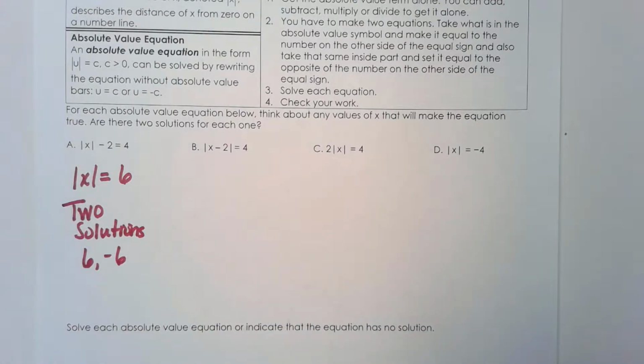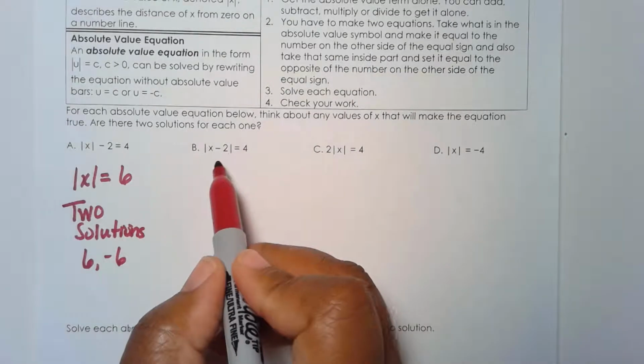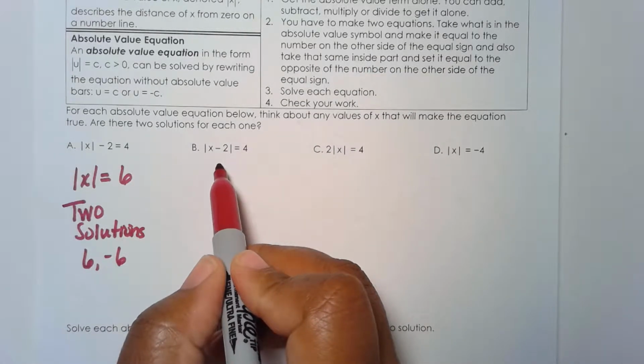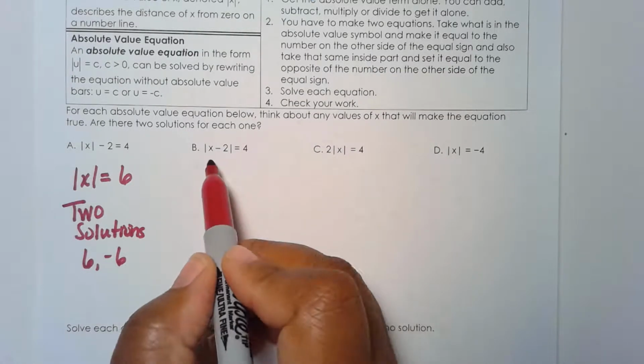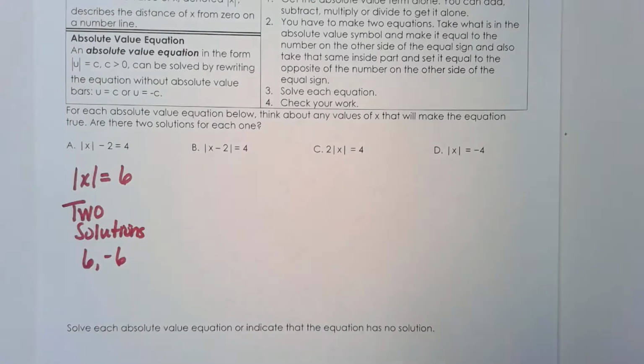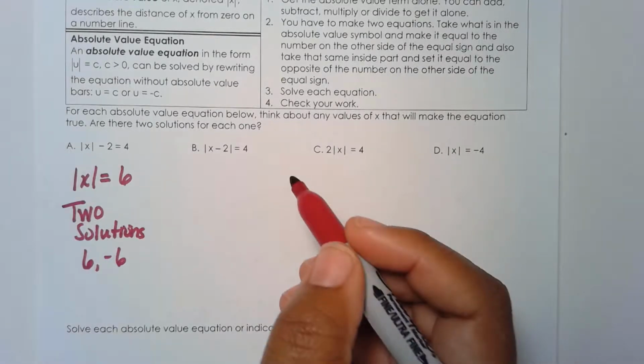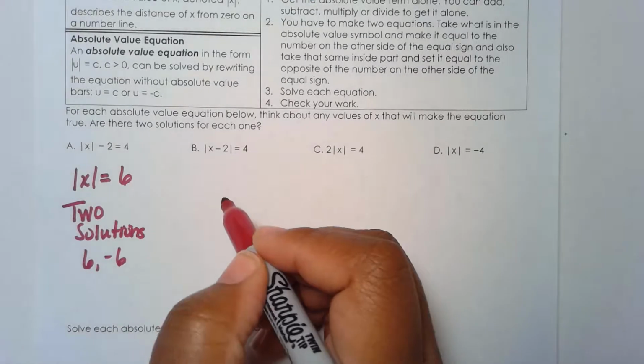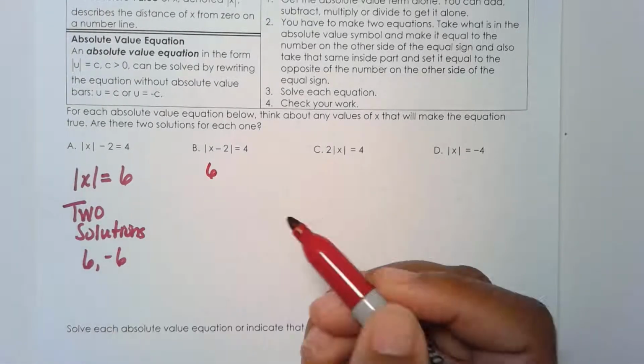How about B? The absolute value of x minus 2 equals 4. What numbers could we plug in here for x, subtract 2 from it, take the absolute value, and it will give us 4? Now, can we say positive 6?